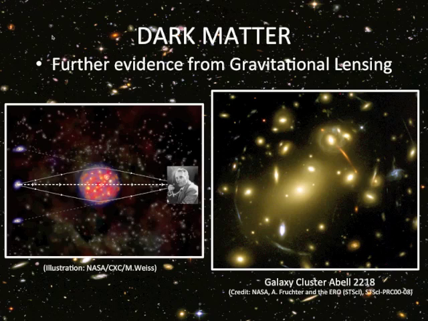Now, when you have a giant, massive cluster of galaxies in space, and you have a galaxy behind it, a ray of light that's passing by the cluster can actually be bent, and its trajectory can be changed into the direction of an observer, let's say, with a telescope here on Earth, right?